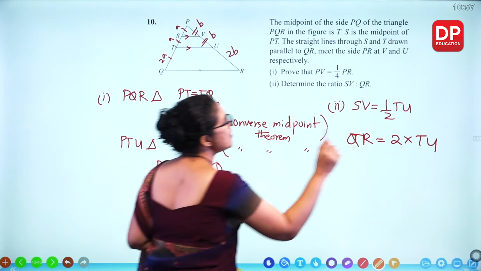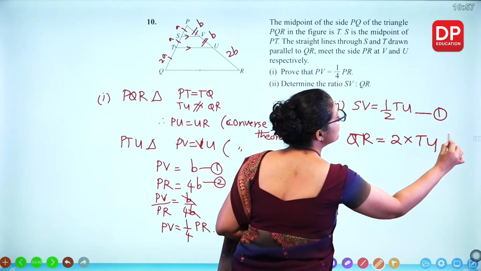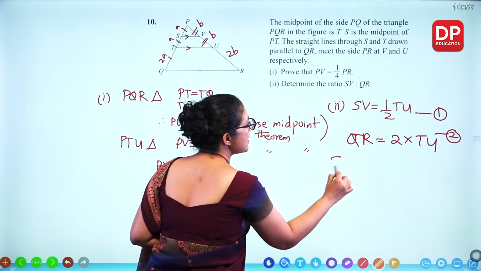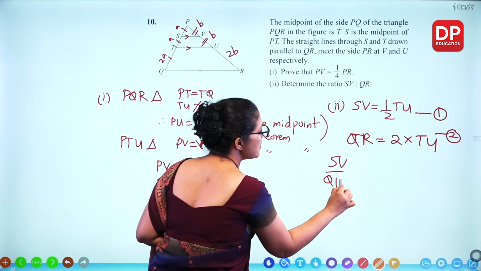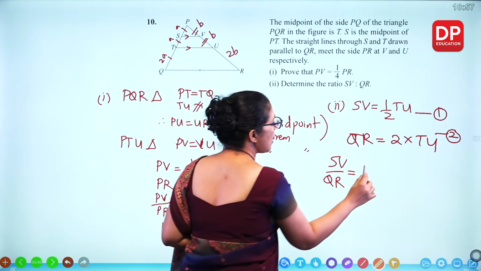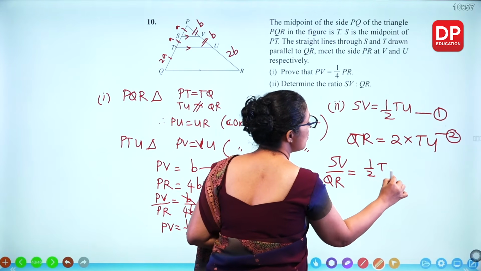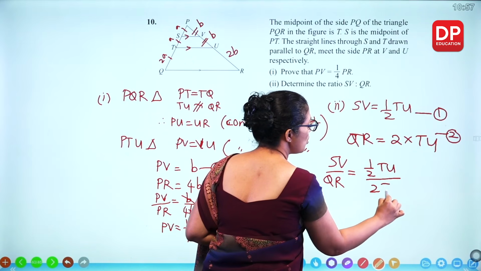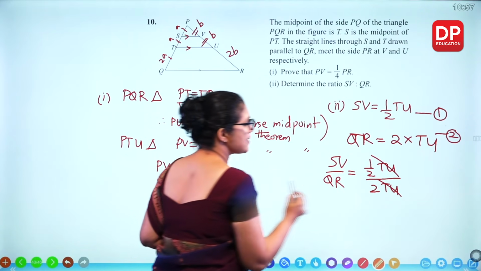Now we'll divide these two. What happens? SV over QR is equal to half TU divided by 2 TU. TU gets cancelled out.